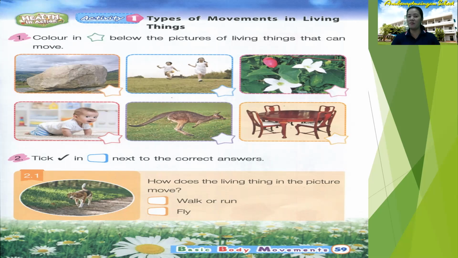Is it number 1, rock? Number 2, children. Number 3, plants. Number 4, a baby. Number 5, kangaroo. And number 6, tables and chairs. What do you think is the living thing that can move?